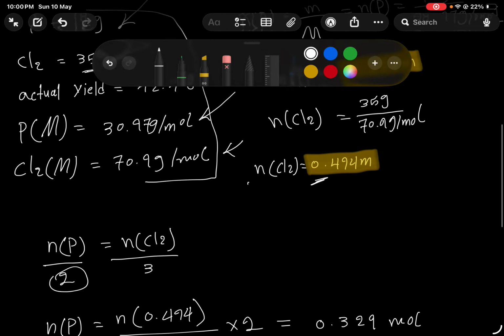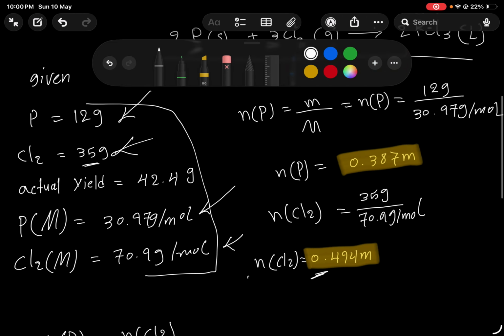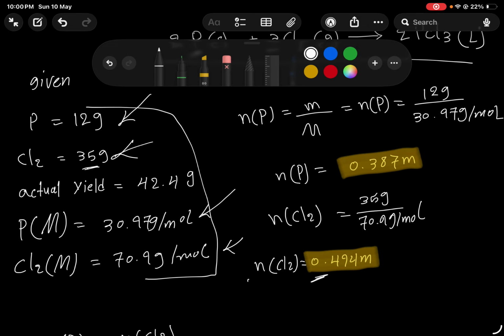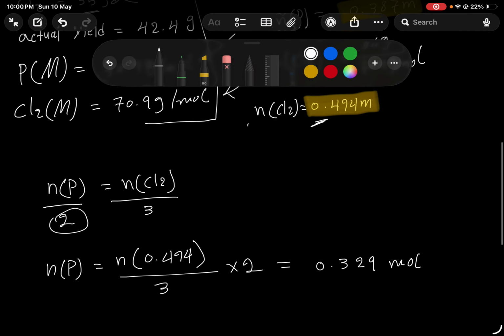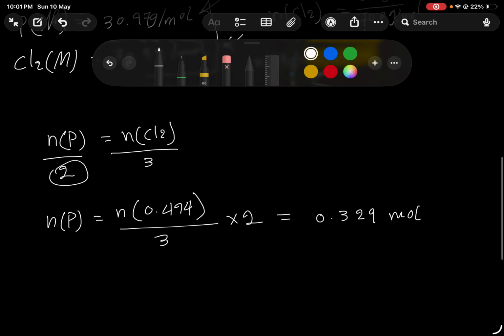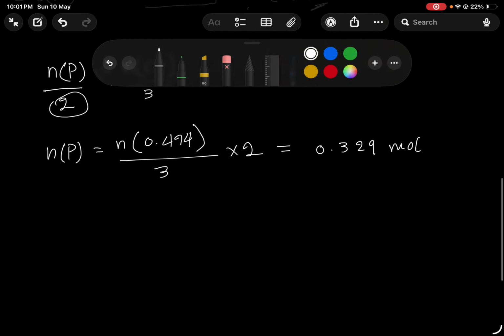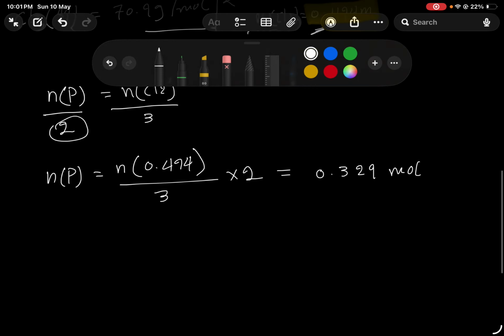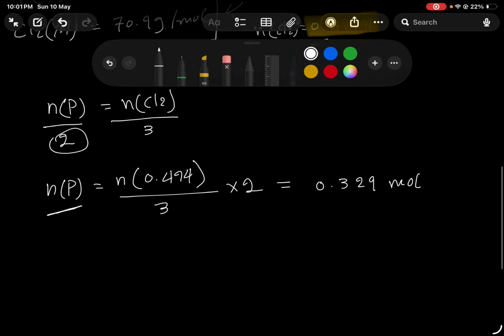We can see that 0.329 is very close to 0.387, so we cannot trust this to be the limiting reagent. To make sure, we can use the same formula, but in this case we're just going to put P instead of Cl2.